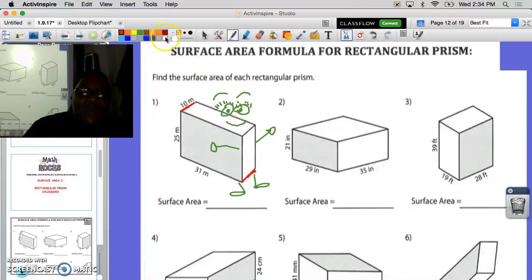Then you figure out how tall he is. This one tells you how tall, so that would be height. And if the sun was shining bright, where would the shadow be? The shadow would be laying this way, so that tells you the length. Okay? So height, width, length.